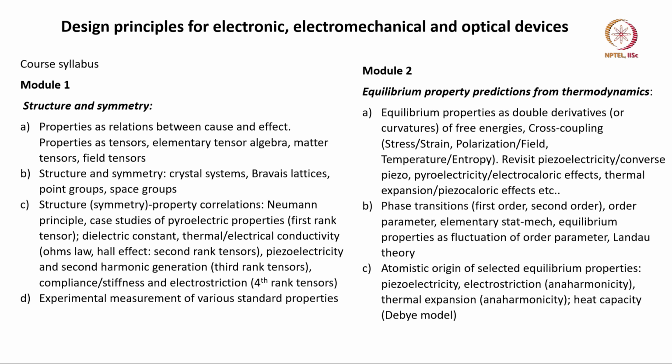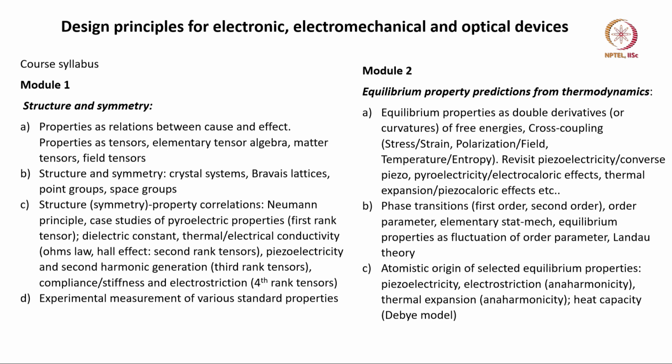The so-called empirical aspects of thermodynamics are explained in detail in statistical mechanics. So we take recourse to a bit of stat mech to understand the origin of some of these properties, called equilibrium, non-dissipative properties, and how I can say that my material will have a larger or a smaller amount of this property. That is going to be the part of module 2.